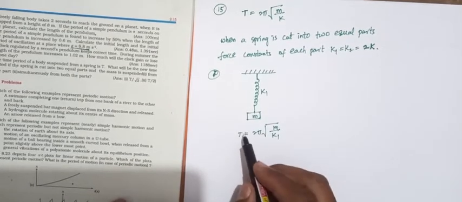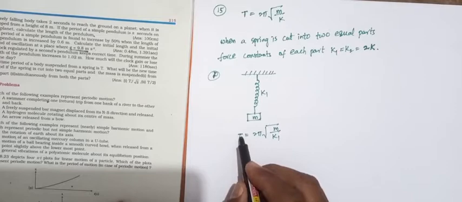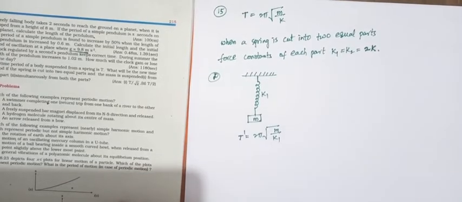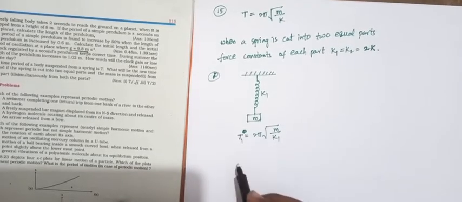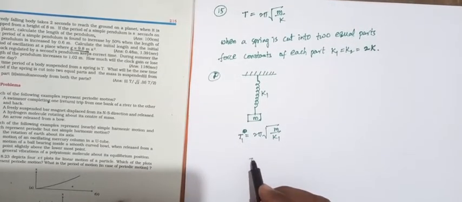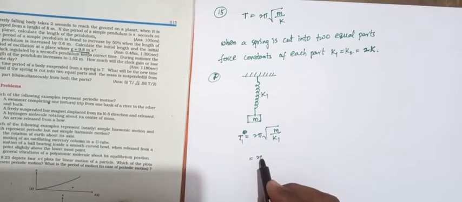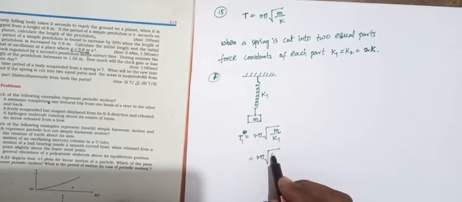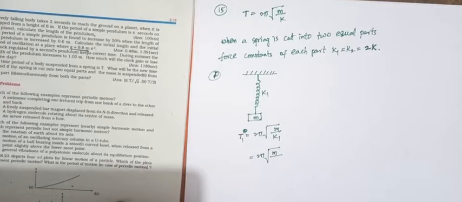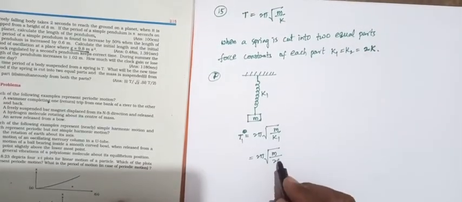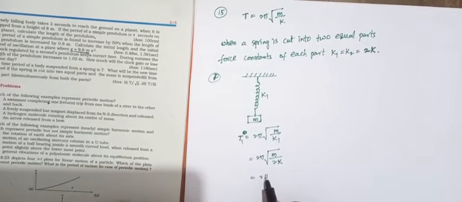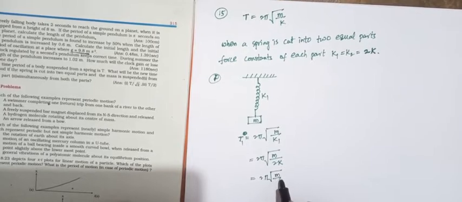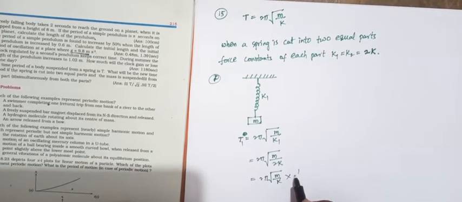So for example, this is the time period t1. So t1 equals 2 pi into square root of m by k1, where k1 equals 2k. This can be written as square root of m by k as it is, into 1 by root 2.